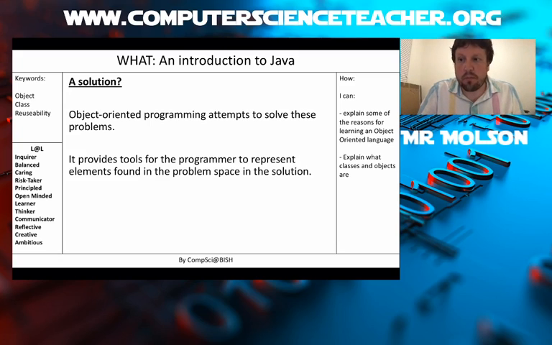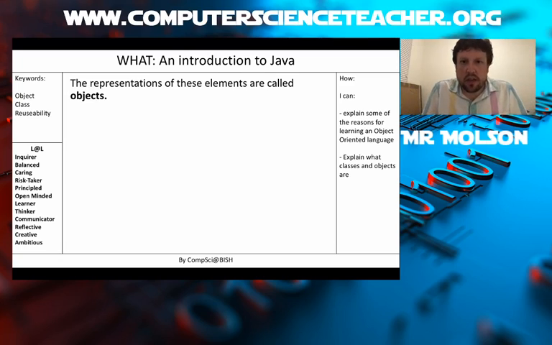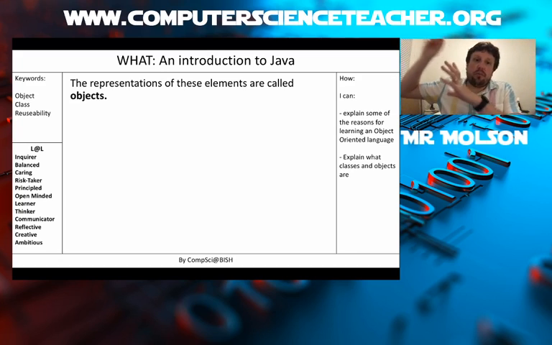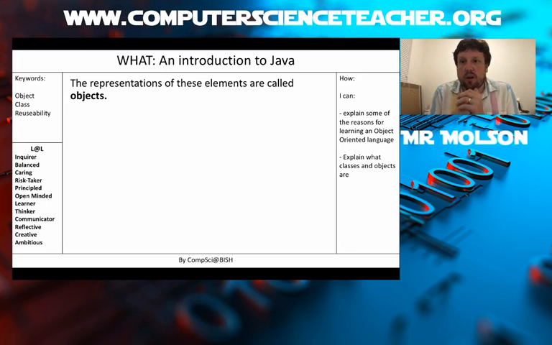Now what do I mean by that? Well, I'm going to give you a little bit more detail. So let's move on. These elements that we take from the real world are represented in an object-oriented language as objects, and maybe hopefully you got that from the name.